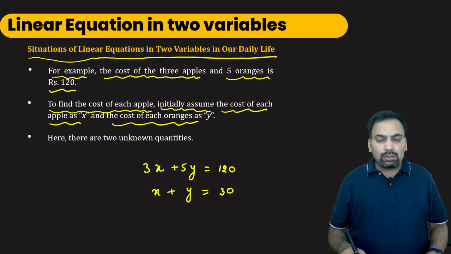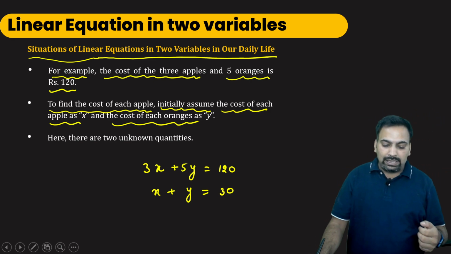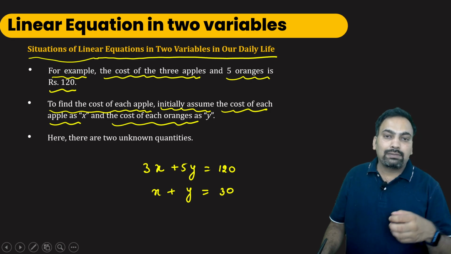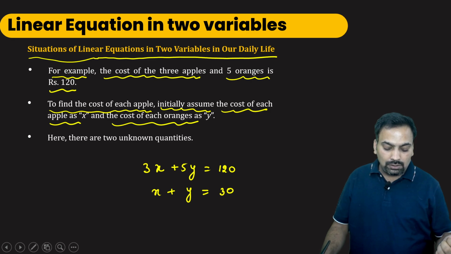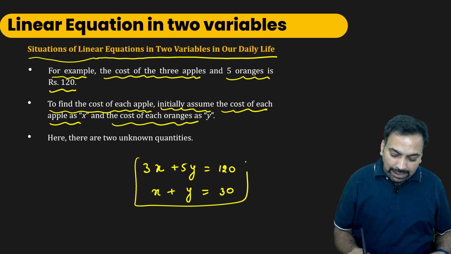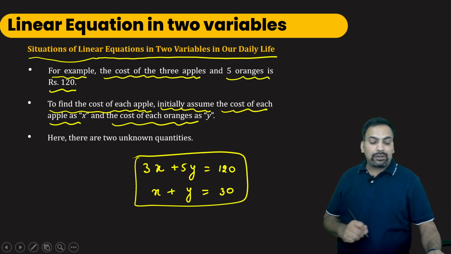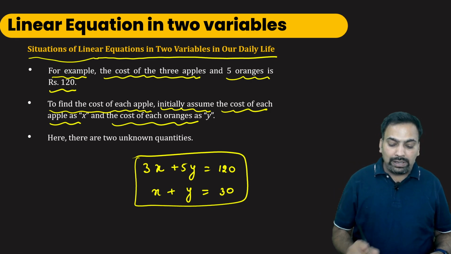Now solve these two equations and you will get the values of x and y. The values of x and y are the cost of each apple and each orange. How to solve? There are some methods to solve these equations. So this is called a linear equation in two variables.